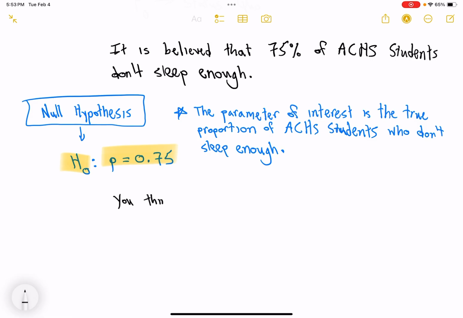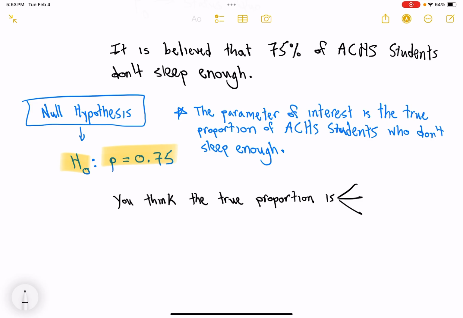You think the true proportion is. Now, I want to say something really quickly. Before I finish this one out and choose an answer, there are actually 3 different pathways that we could follow, resulting in 2 different outcomes, for the most part.